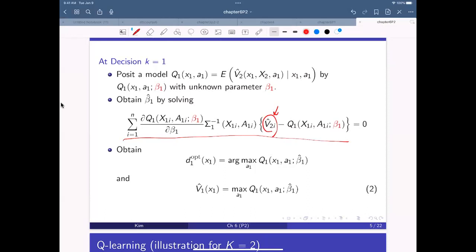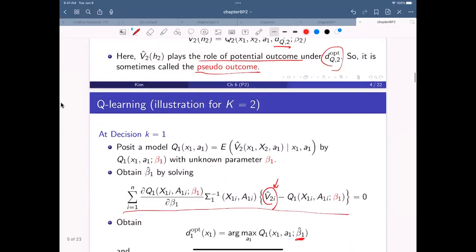Use that to obtain Q1. Then for Q1 we take the maximum to obtain the optimization at K equal 1, and this is the value function in terms of X1.